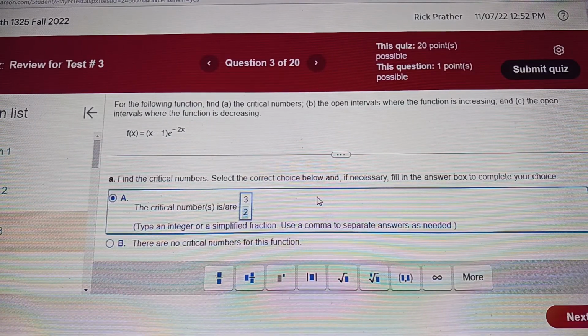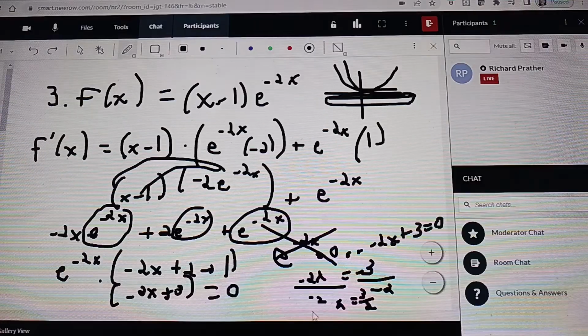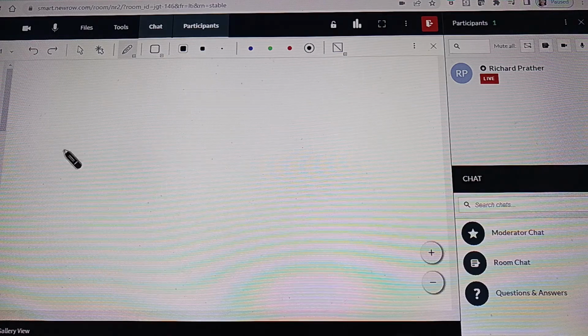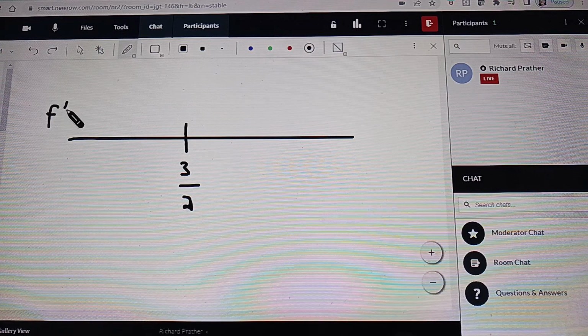So it could have an increasing section followed by a decreasing section, or vice versa, or maybe it's just always increasing or always decreasing. So all I need to do is make a number line with 3/2 on here, plug it into the derivative function, and that'll tell me what's happening to the original function. I would plug in 0 for something less than 3/2 and probably 2 for something more than 3/2.